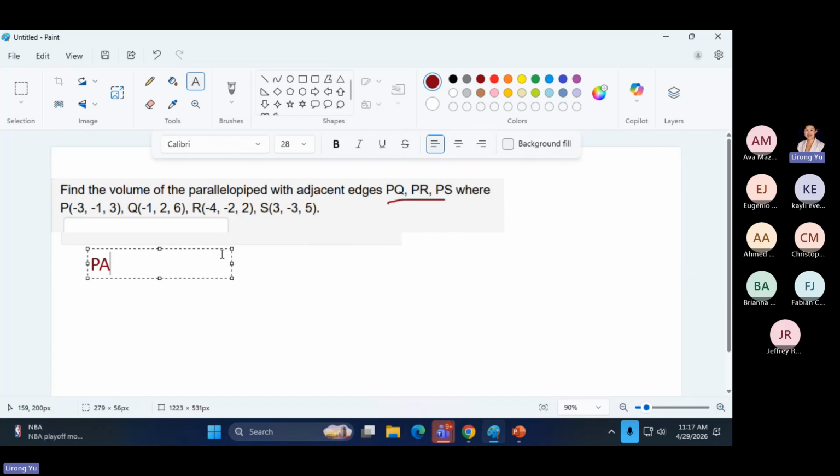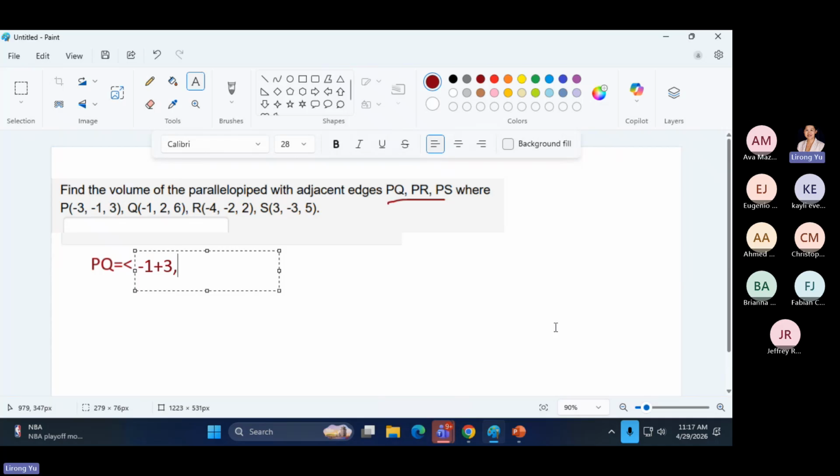We start with PQ, and we make it into a vector. The vector component is the terminal point minus the initial point. So it would be X for Q minus X for P. Minus the negative number is actually plus, so the first component is 2.